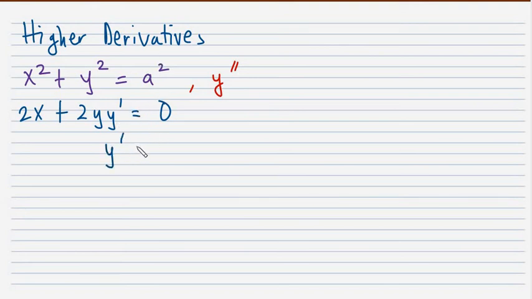So y prime is equal to negative 2x all over 2y. I can cancel out 2, and my y prime would be negative x over y. So that is my first derivative. But we want the second derivative.